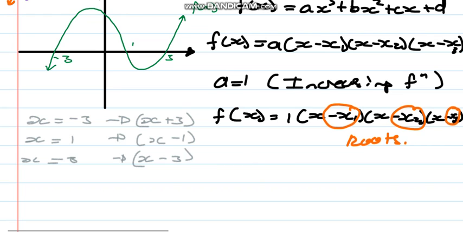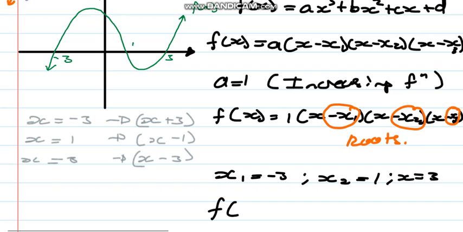So your x1 is equal to minus 3, your x2 is just 1, and your x3 is equal to 3. Now you just have to substitute them exactly as they are.